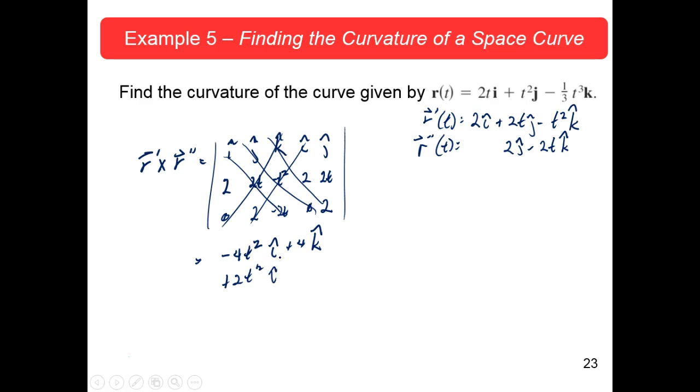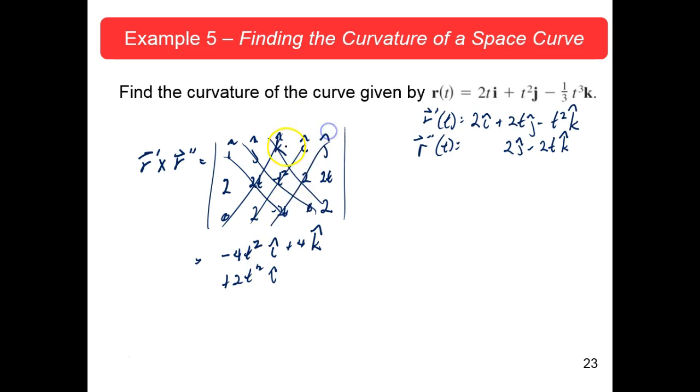The reason it's plus is because the up diagonal is always negative, and this was minus 2t squared i, but going upward that makes it plus 2t squared i.